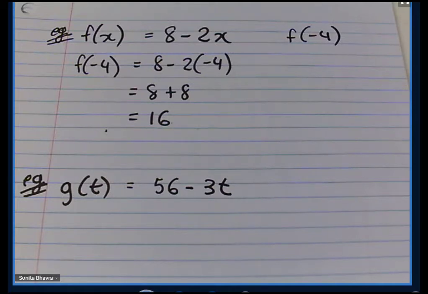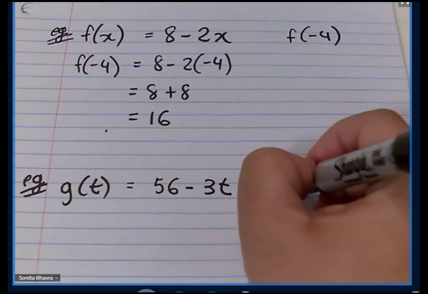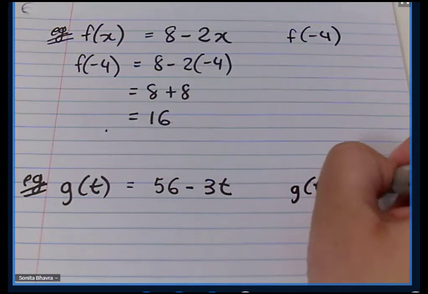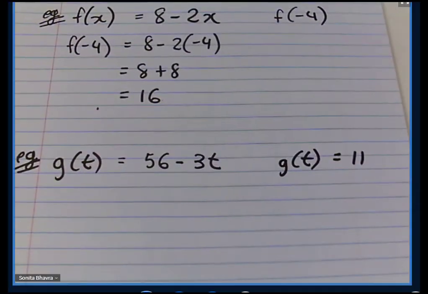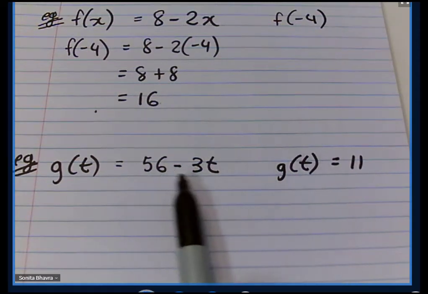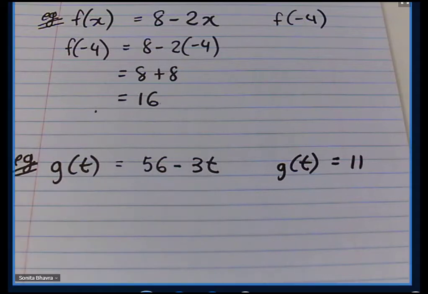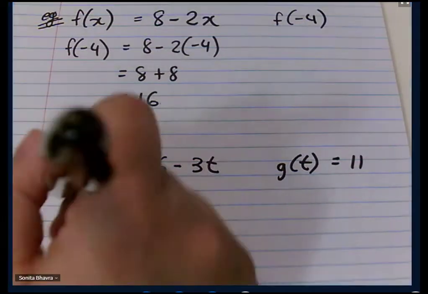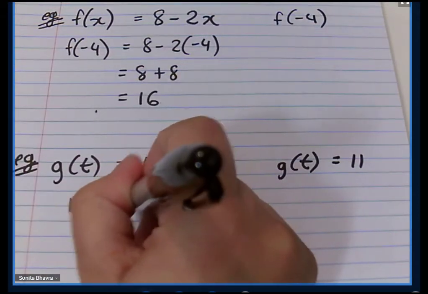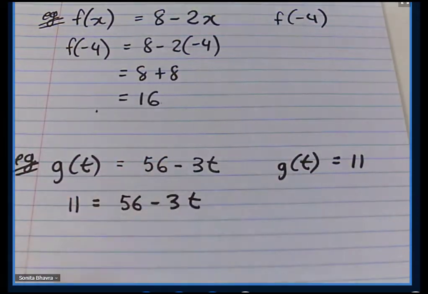And what is the value of t if g of t is equal to 11? All right, so in this case, g of t is equal to 11. We need to solve for t. All right, so set this up. 11 is equal to 56 minus 3t.